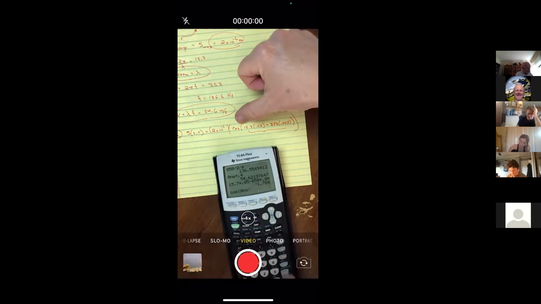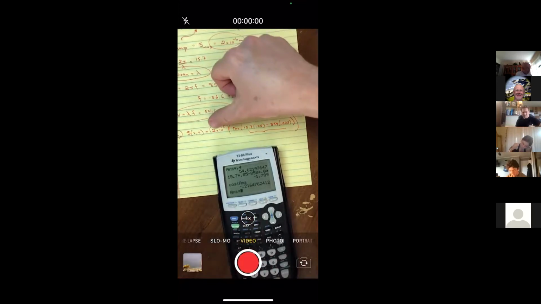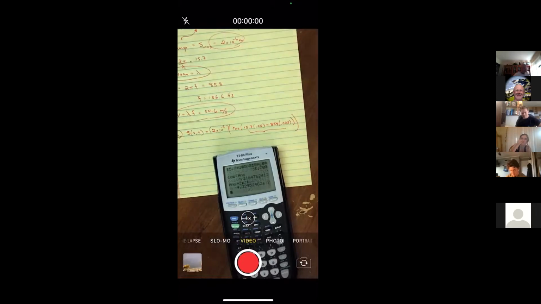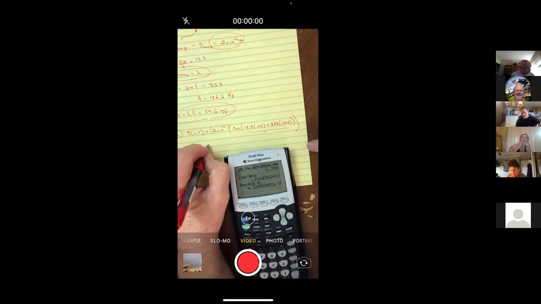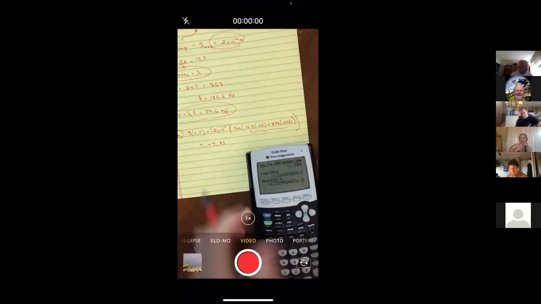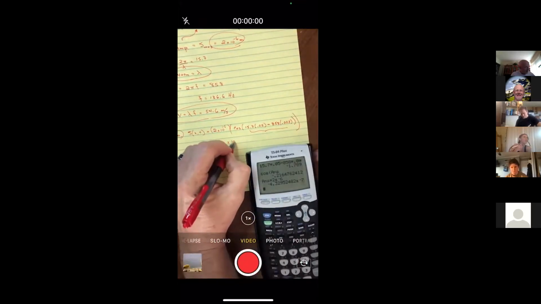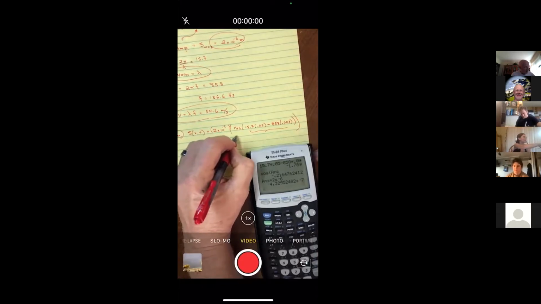I'm in radians, so I'll just hit enter. That's a negative 0.216. Then I'll multiply it by the amplitude of 2 times 10 to the negative 6. And so this would be a negative 4.33 times 10 to the negative 7.